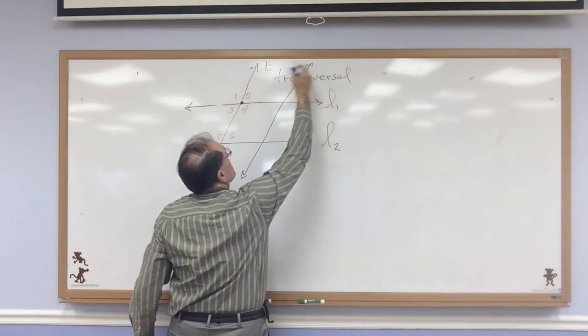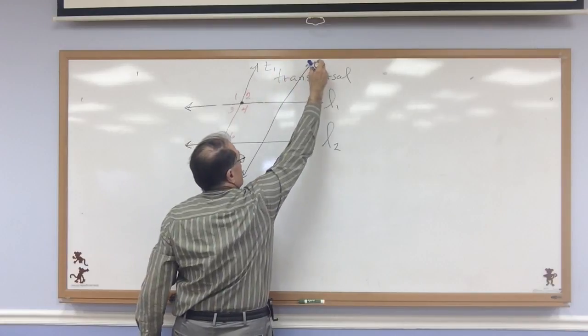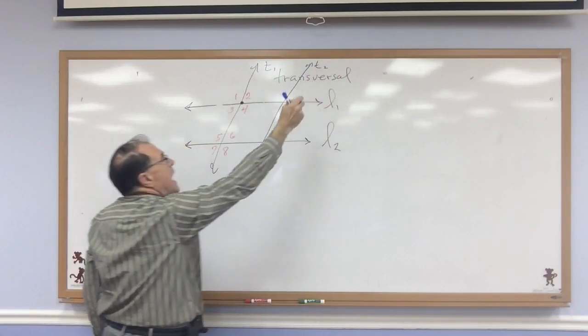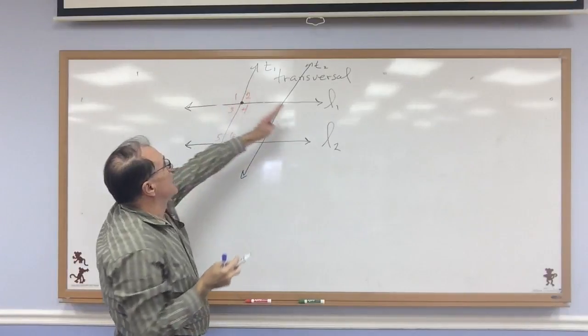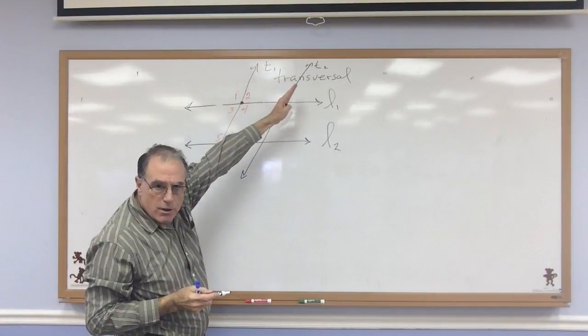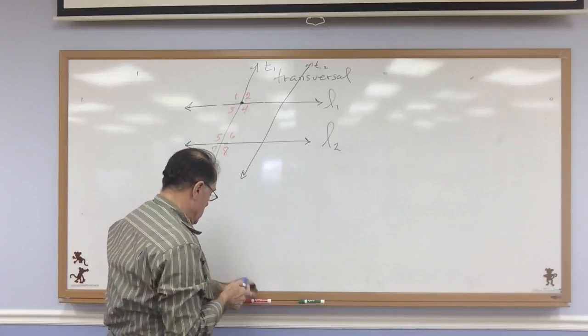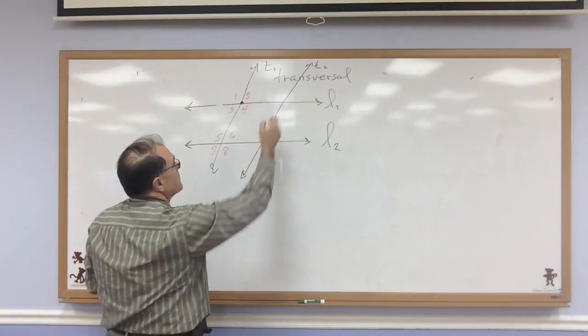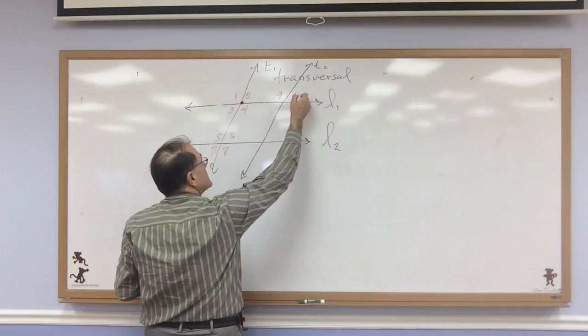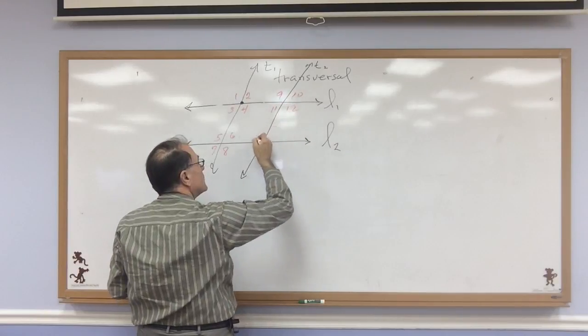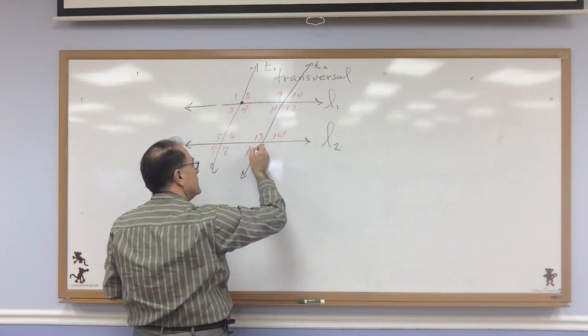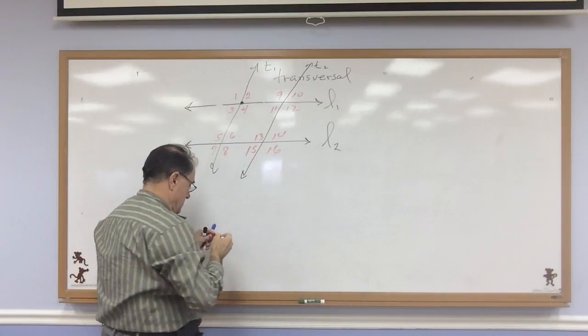And let's call this line T1 and this T2. And let's suppose these lines, T1 and T2, are also parallel to each other. Let's number these angles. Let's come up here, 9, 10, 11, 12, 13, 14, 15, 16.